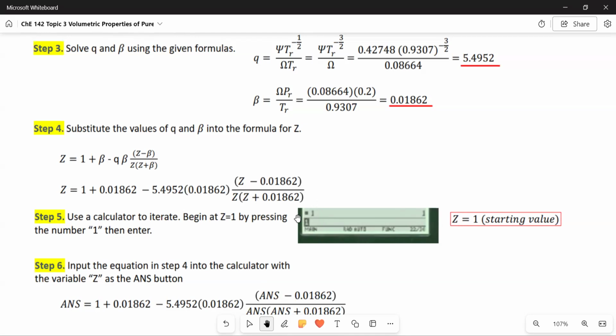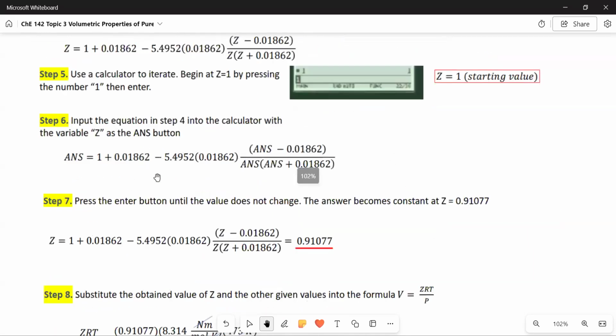But I guess for practice in the long exam, you can use the calculator. Initialize Z. It's important to correctly initialize the value of Z or V, whatever you're iterating. So here, for compressibility factor, the initial value is 1. So we can replace ANS.